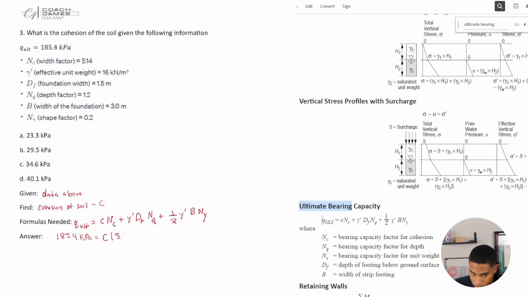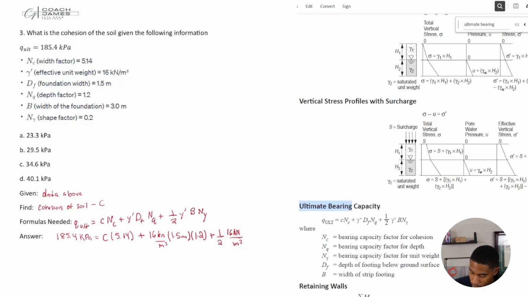NC is 5.14. Okay, plus Y prime, which is 16 kilonewtons per meter cubed, times 1.5 meters times 1.2, which is my NQ factor. Okay, plus a half times Y prime again, which is 16 kilonewtons per meter cubed.